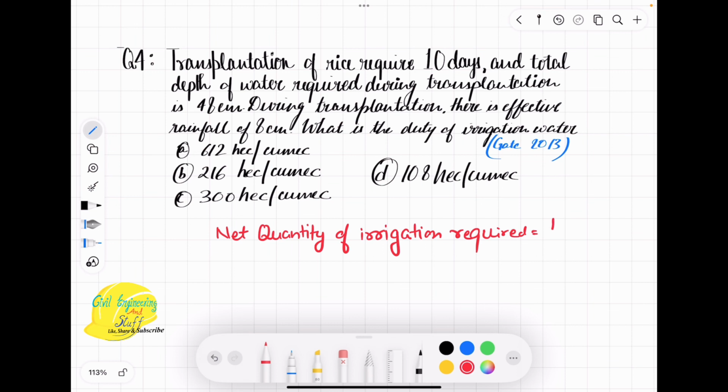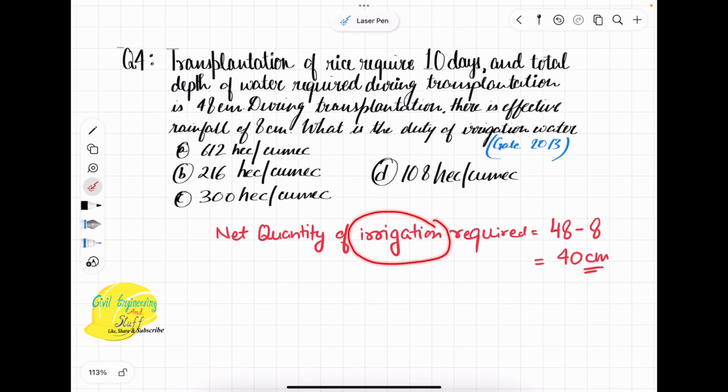It will be the overall water requirement minus the effective rainfall. So that will be 40 centimeter. Irrigation means artificial application of water to fulfill the water requirement of the crop. This is the basic definition of irrigation.